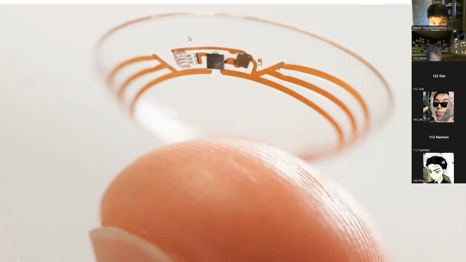Translate word, yes, right. So what happens is when you wear this translating contact lens, right? When you walk in a different country and you see the sign, you see announcement, you use this contact lens, it would automatically translate the word for you.